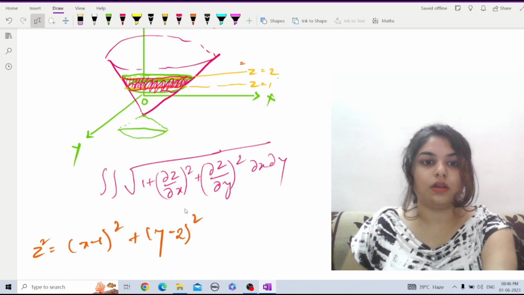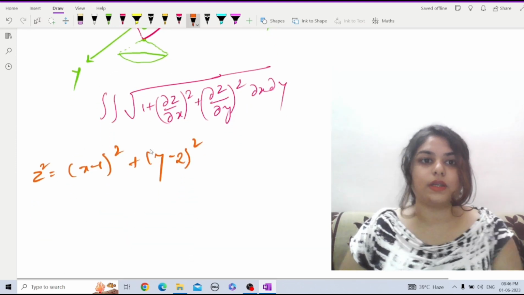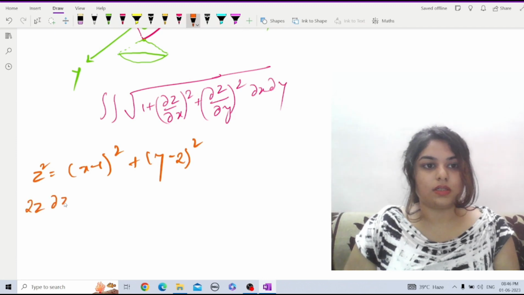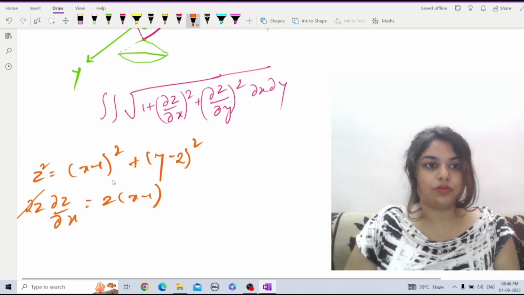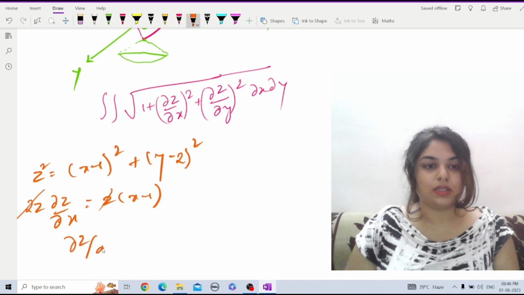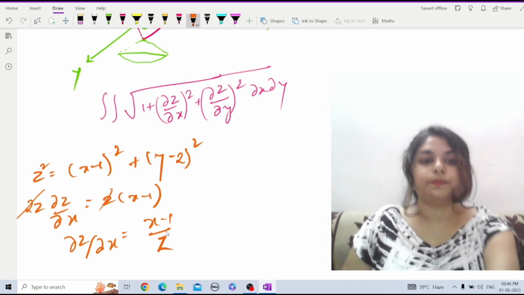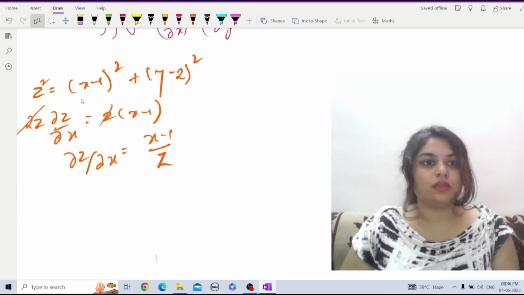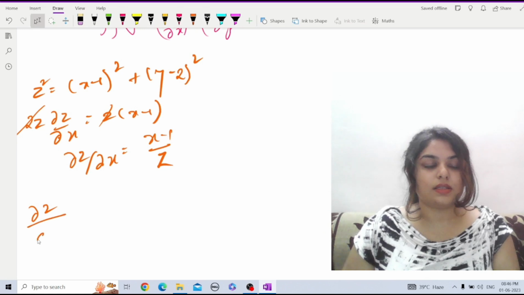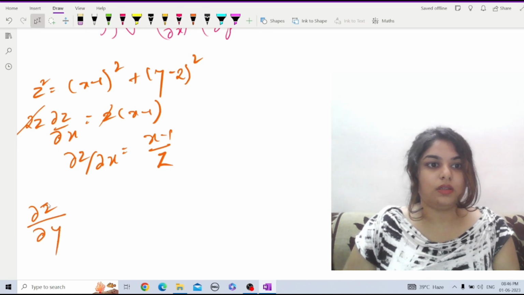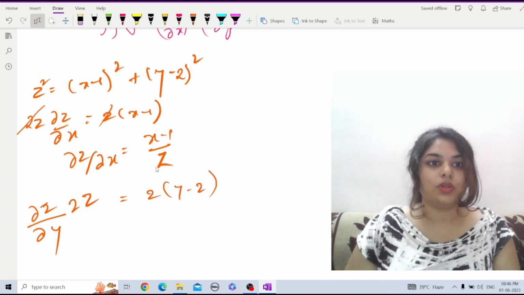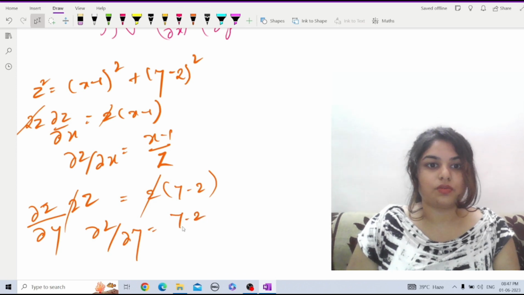So z square equals (x minus 1) whole square plus (y minus 2) whole square. If we take the derivative with respect to x, that is 2z delta z by delta x equals 2 of (x minus 1). So 2 gets cancelled, and delta z by delta x equals (x minus 1) by z. With respect to y, 2z delta z by delta y equals 2 into (y minus 2). Again 2 gets cancelled, so delta z by delta y equals (y minus 2) by z.